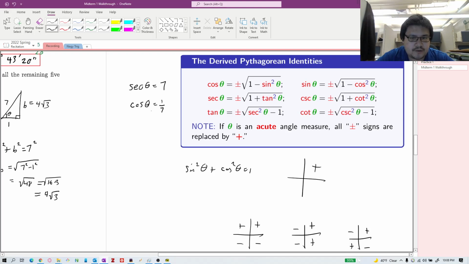But so here, we can then deduce what sine theta should be. It should be the positive root of 1 minus 1 over 7 squared.